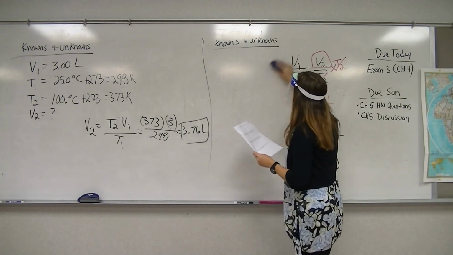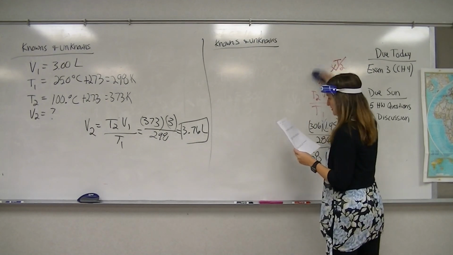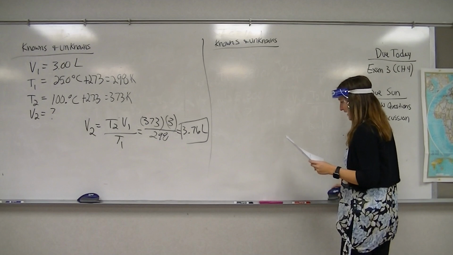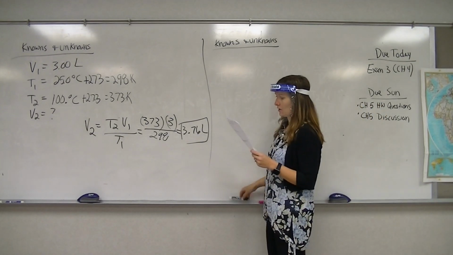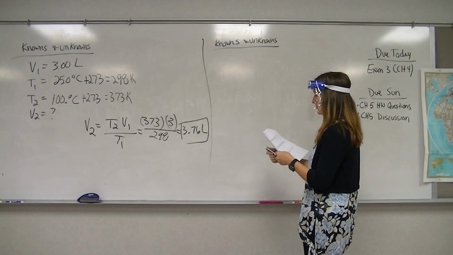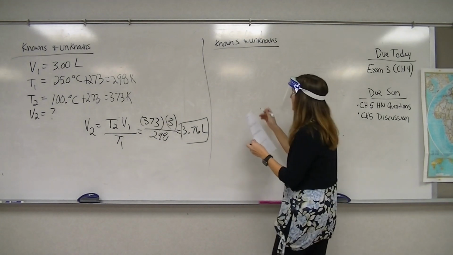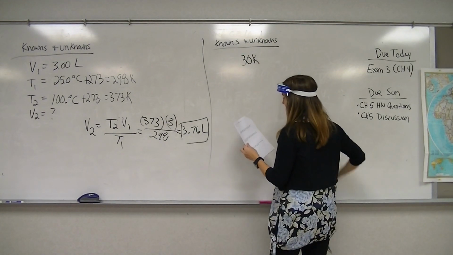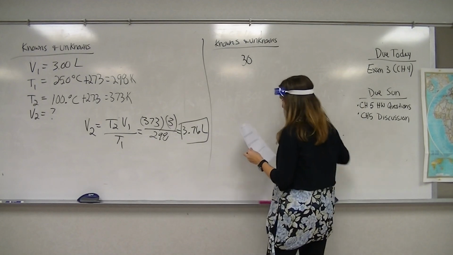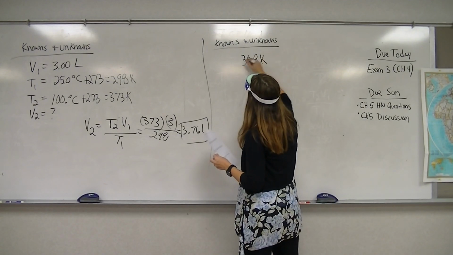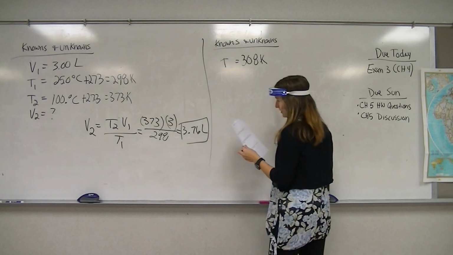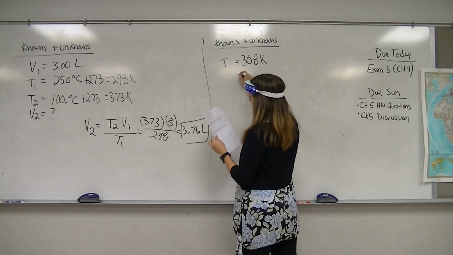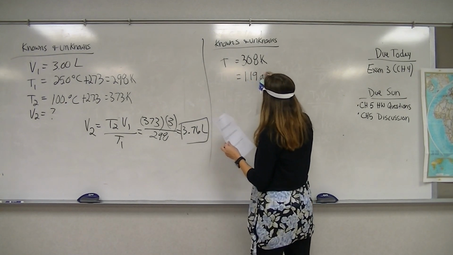Number 4, we have the temperature outside is 308 Kelvin. The car's tires have a pressure of 1.19 atm. So let's start writing this down. 308 Kelvin is a temperature. The pressure, it says, is 1.19 atm.